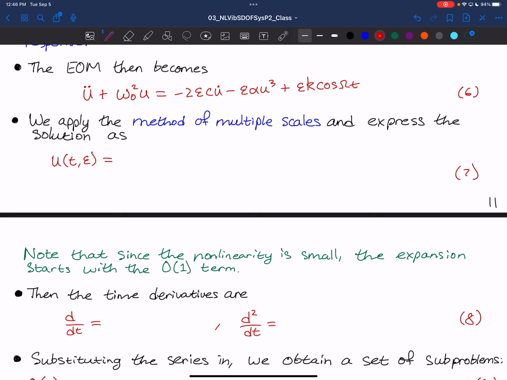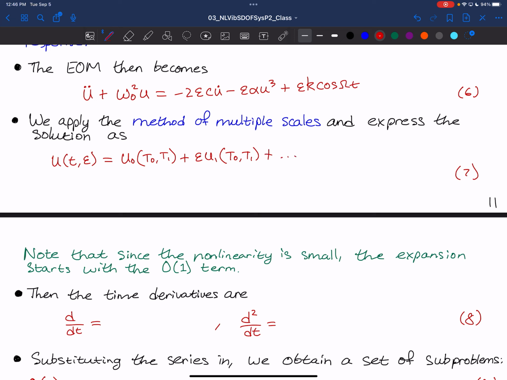We're then going to apply a method of multiple scales and expand the solution into a series of increasing order of epsilon terms. In this case, because we have weak nonlinearity, we can expand at the 0th order. So we have u0 of t0, t1 plus epsilon u1 of t0, t1 plus so on.